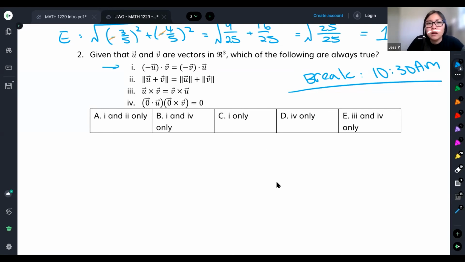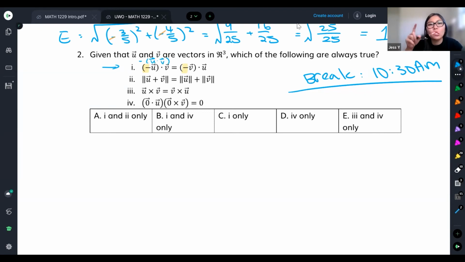So number one, we have a dot product. Remember what we know about dot product. The order doesn't matter, right? So u dot v should be the same as v dot u. Also, there's this negative involved. A negative is just a number, -1. Numbers can flow through a dot product, remember that. So technically on the left-hand side here, this is just a negative u dot v.